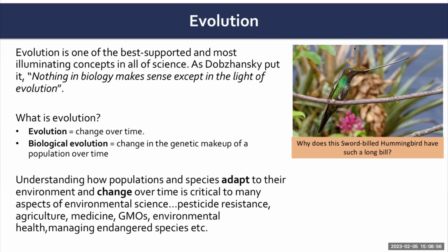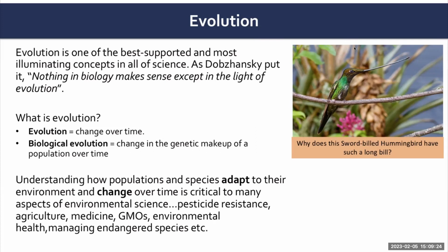Evolution, simply put, just describes change over time, a process of change over time. Biological evolution, what we'll be referring to here, refers more specifically to a change in the genetic makeup of a population over time, such that within a population, gene frequencies change from generation to generation, all right?